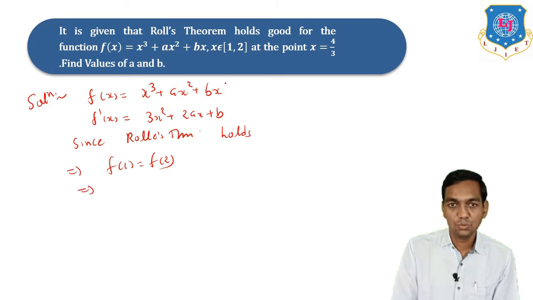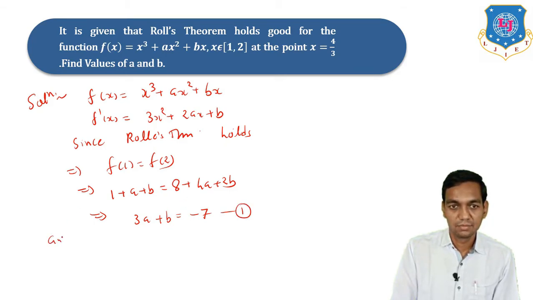So here we put 1, that will give 1 plus a plus b is equal to f(2), 2 cube is 8 plus 4a plus 2b. Simplifying this, 4a minus a is 3a, 2b minus b is b, and writing this 8 on the opposite side, 1 minus 8 is minus 7. This is your first equation.